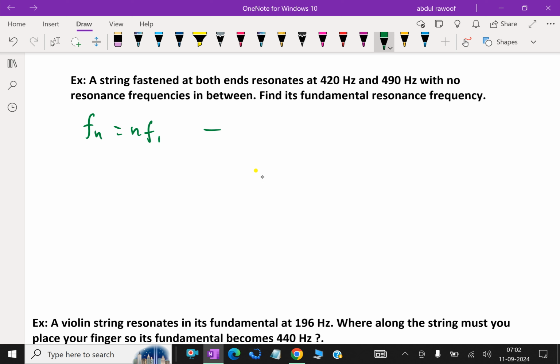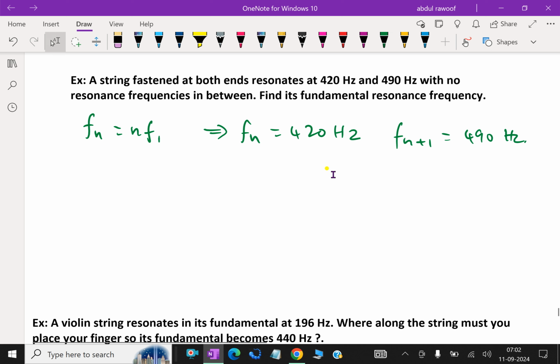Now, from that, Fn equal 420 Hz and Fn plus 1, the second frequency, 490 Hz. In between, no resonant frequencies. Now, first 420 Hz is equal n F1, and 490 equal n plus 1 F1.